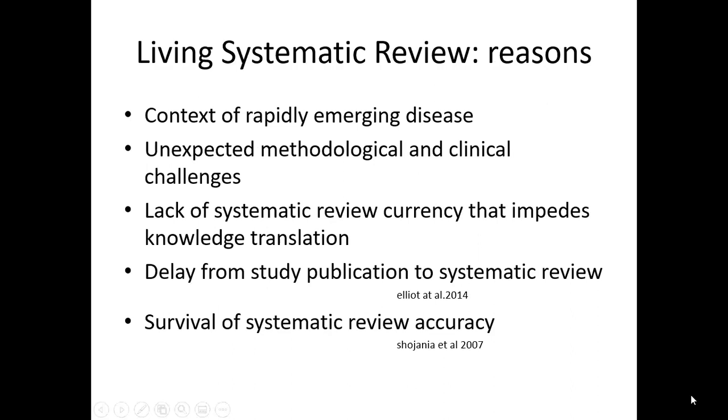We had a lot of gaps in our knowledge. So living systematic review is very important in such a situation where you are caught up with a new disease and you don't have enough evidence. So you need a living systematic review.